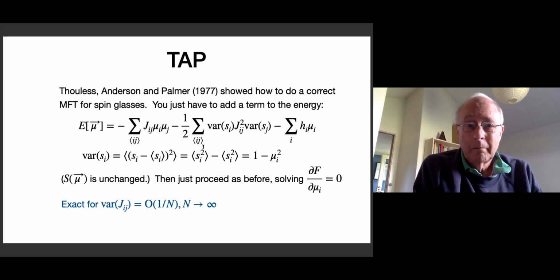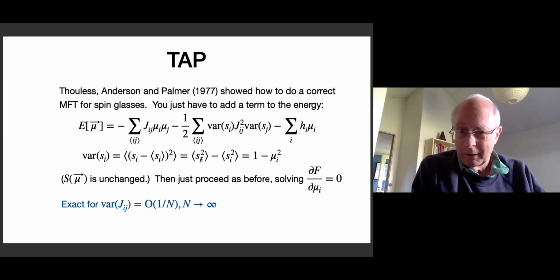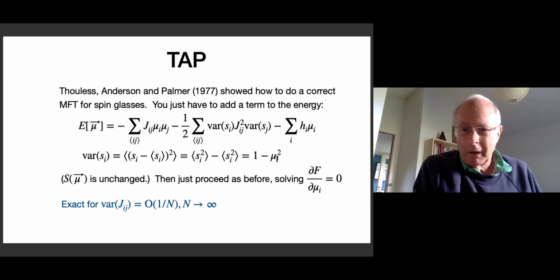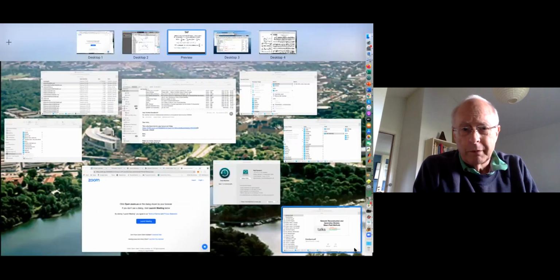And you get a half because whenever you expand to second order, you get a half. And this variance of the given spin is its square minus its average squared, averaged. But since the square of the spin is always 1, this is just 1 minus mu squared. Okay, so you just change the energy term. The entropy term, you don't have to change at all.